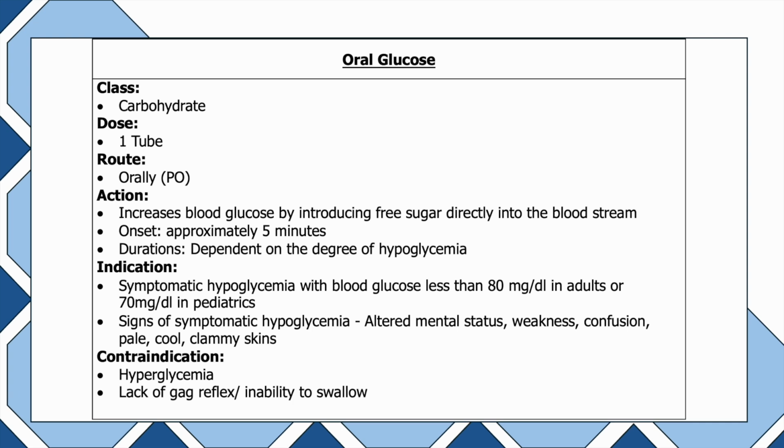Indications: symptomatic hypoglycemia with blood glucose less than 80 milligrams per deciliter in adults or 70 milligrams per deciliter in pediatrics. Signs of symptomatic hypoglycemia: altered mental status, weakness, confusion, pale, cool, clammy skin. Contraindications: hyperglycemia, lack of gag reflex or inability to swallow.